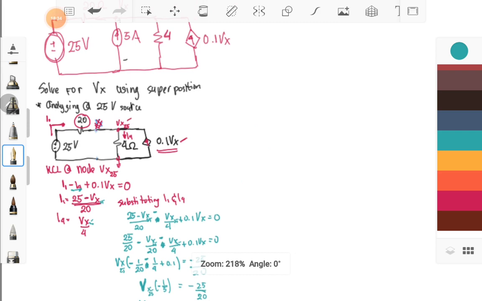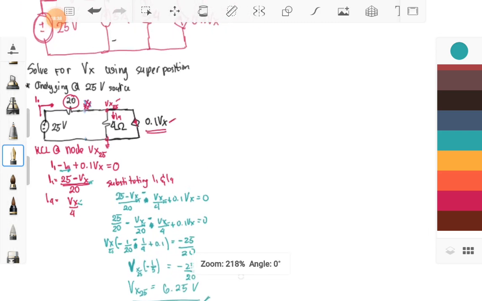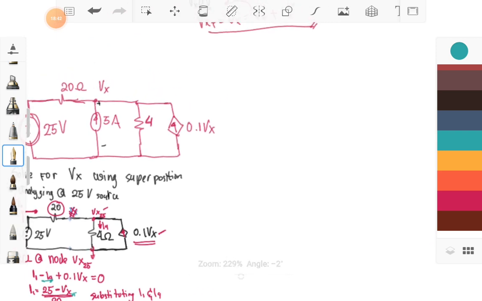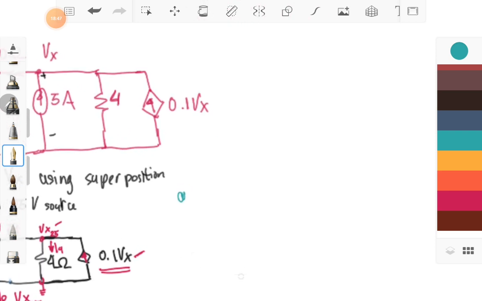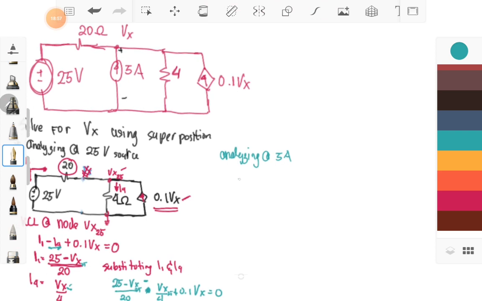Okay, analyzing this circuit at 5 ampere. Analyzing at 5 ampere. So we have another circuit diagram.